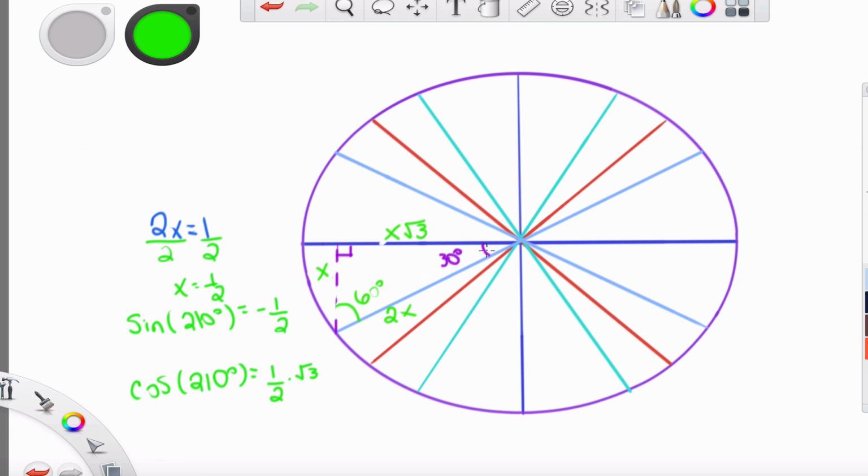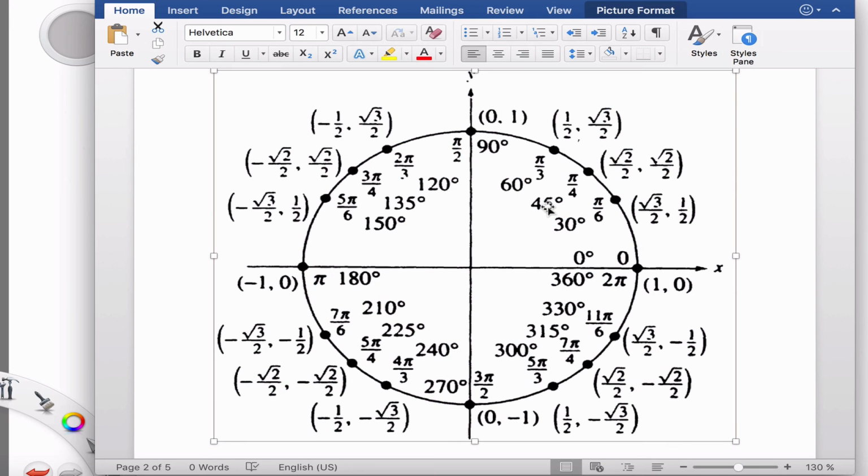Once again, we're in the third quadrant, we're to the left of the origin, so this should be negative. We can simplify this a little bit. We have negative square root of 3 over 2. We've just found the sine and cosine values of 210 degrees.